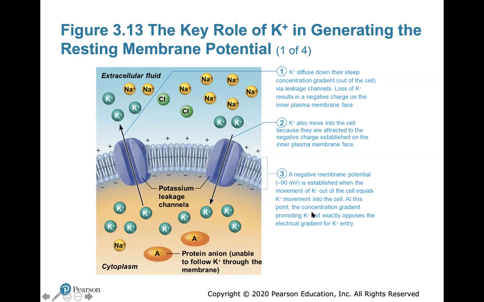At this point, the concentration gradient promoting potassium exit will exactly oppose the electrical gradient. What I want you to know is that we have ion channels that create a resting membrane potential of about -90 millivolts inside the cell. So the cell is usually a little more negative right inside the cell at the membrane.